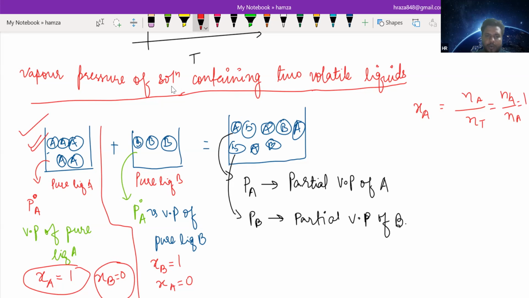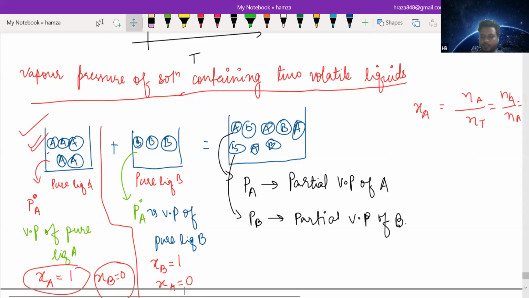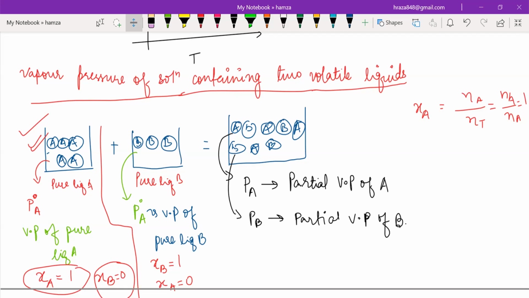Now see, I'm going to introduce, okay, there is a question. If any substance has more vapor pressure, does that mean the force of attraction is less or more? Hamza, if any substance has more vapor pressure, is the force of attraction less or more? Sir, can you say the question again?